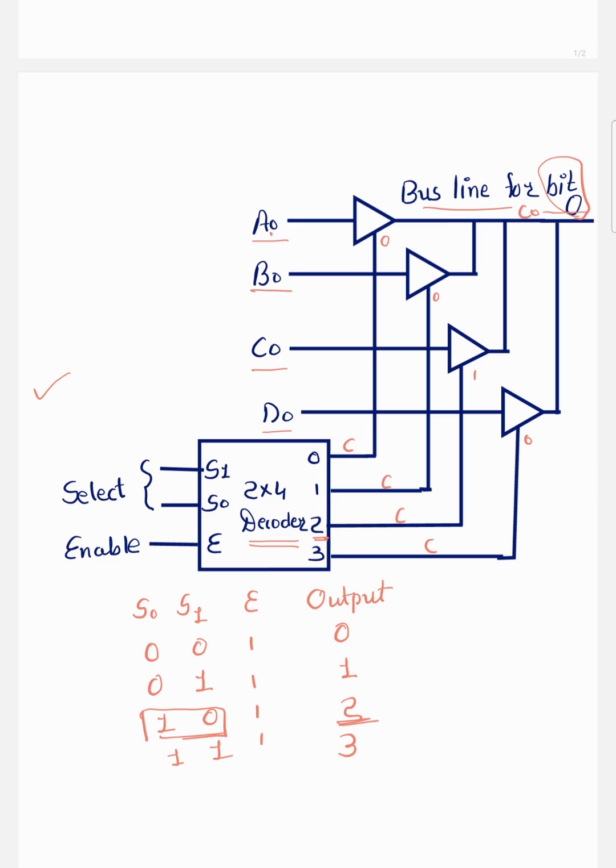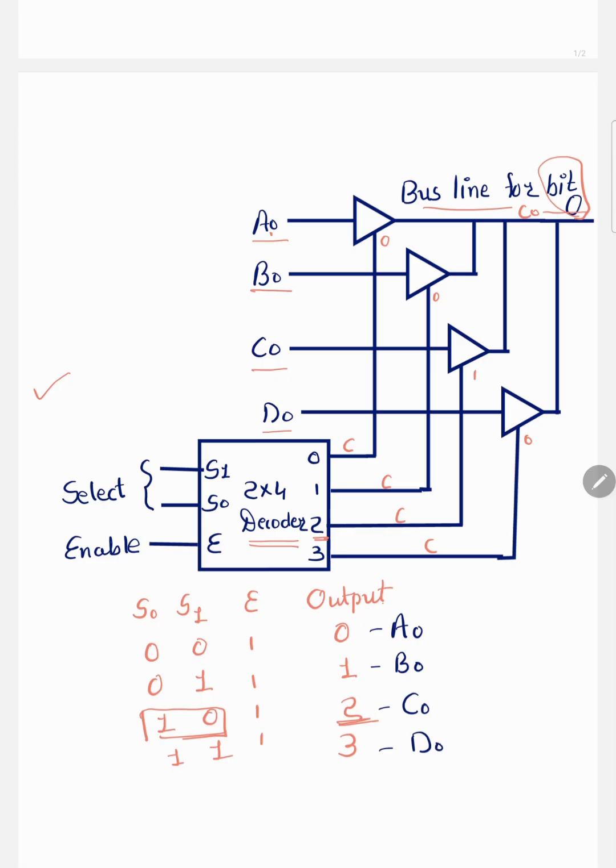So you are getting the output A0 here, B0 here, C0 here, and D0 here.